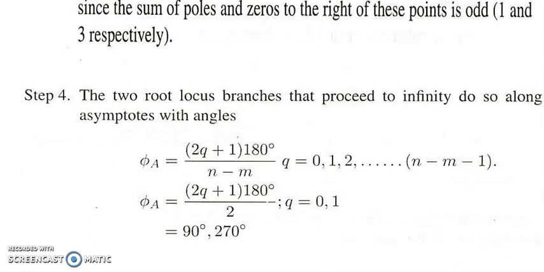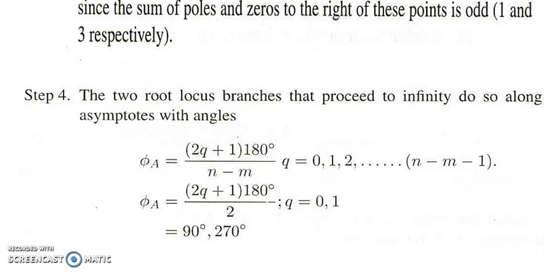All points between 0 and −2, and between −3 and −4, lie on the root locus, since the sum of poles and zeros to the right of these points is odd. The 2 root locus branches that proceed to infinity do so along asymptotes. φa is given by (2q + 1) × 180 degrees / (n − m). Here n − m is 2, so q is 0 and 1.